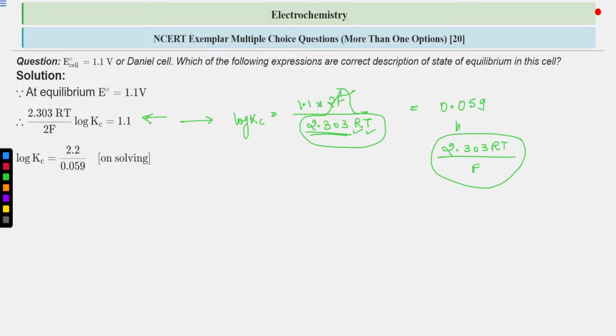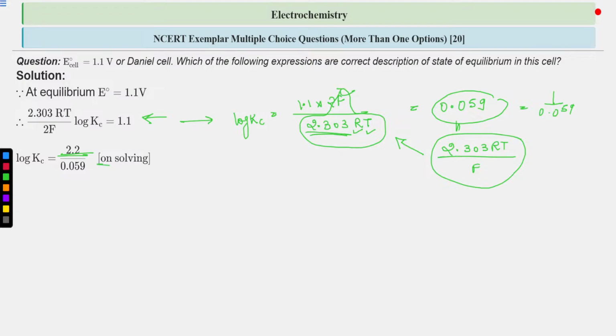But here this equation is inverted. Faraday is in the numerator and this term is in the denominator, so this 0.059 is also inverted. Similarly, 2 times 1.1 will become 2.2, and 0.059 will go in the denominator.